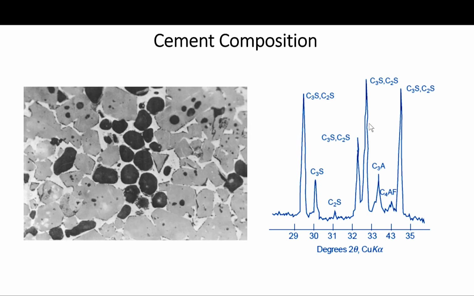So, as I said, the routine analysis involves the determination of the oxide analysis and then the compound. But a more accurate methodology exists: direct determination of the compound composition, such as XRD, the X-ray diffraction methodology, which I used extensively during my research, and also reflected light microscopy, as you see in this micrograph here.